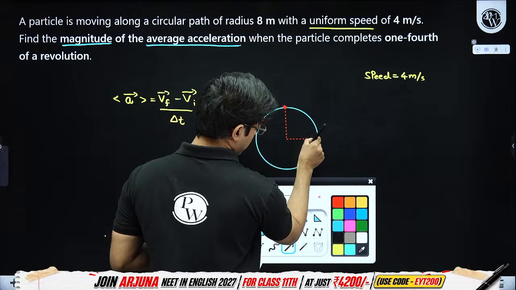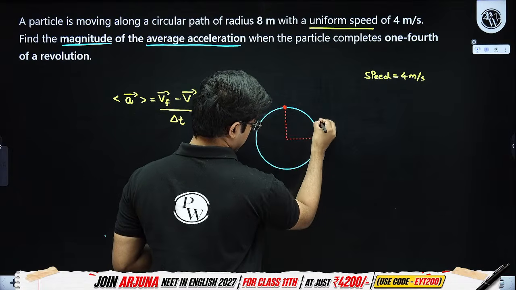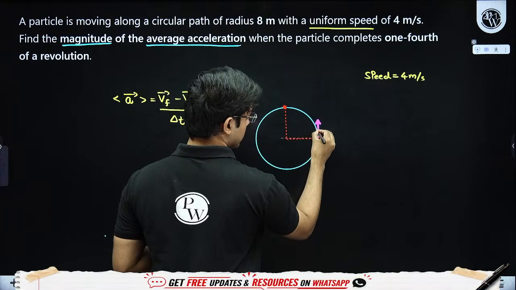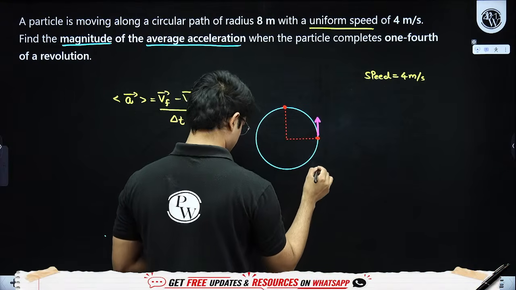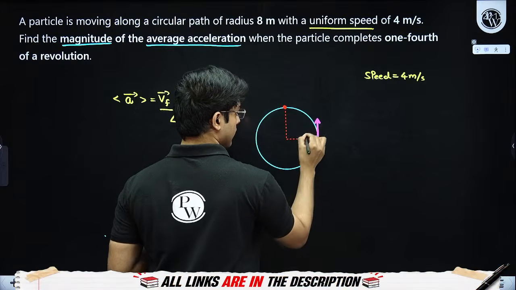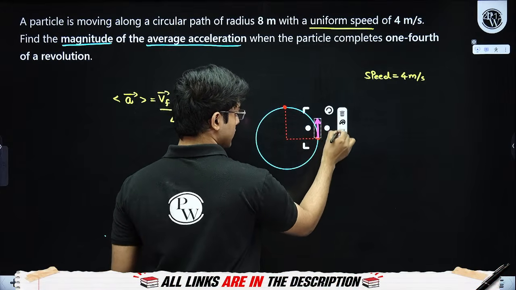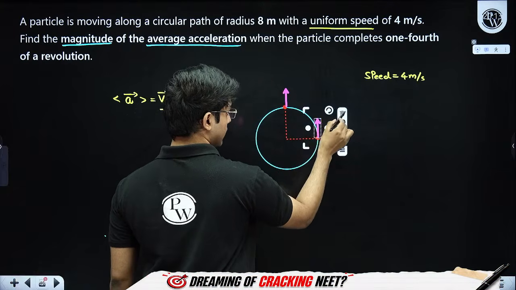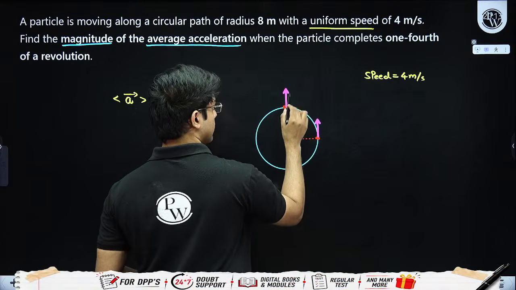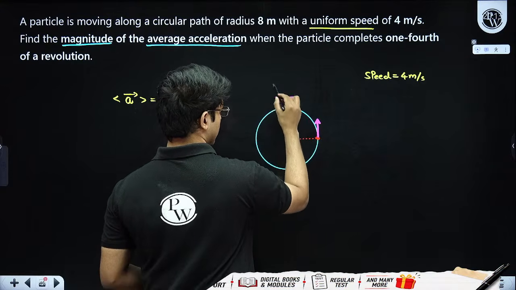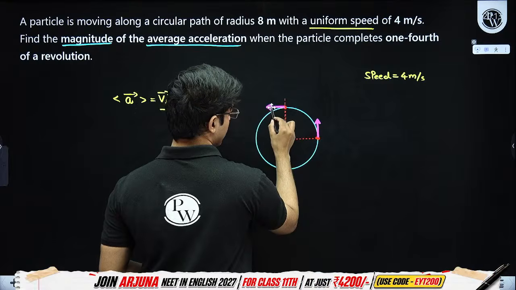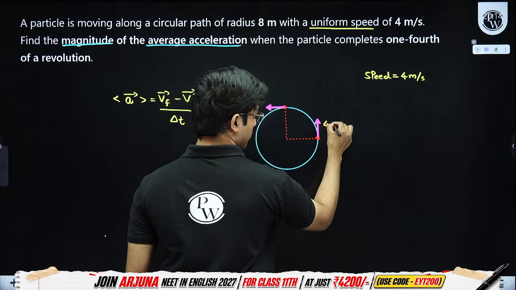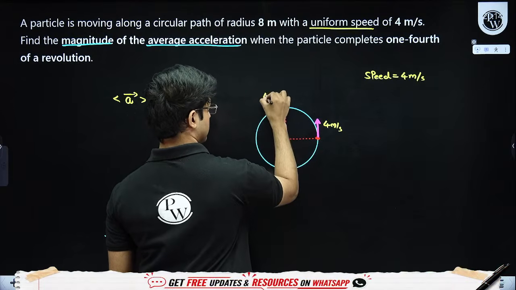At the start, the particle is moving in the upward direction. This is the initial velocity. When the particle is here, its velocity will be to the left. The speed is the same at both points, 4 meters per second.